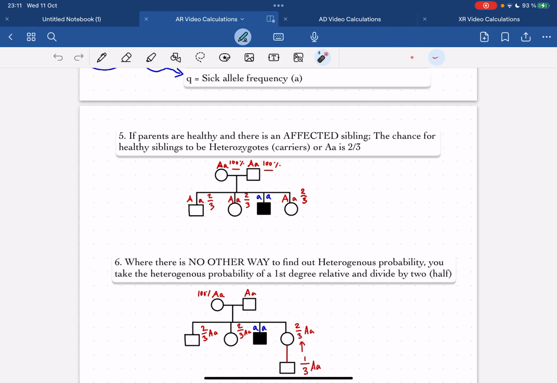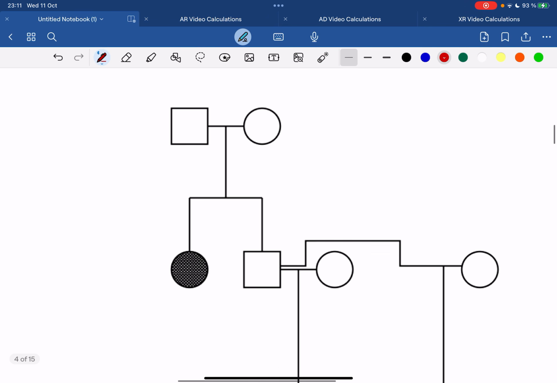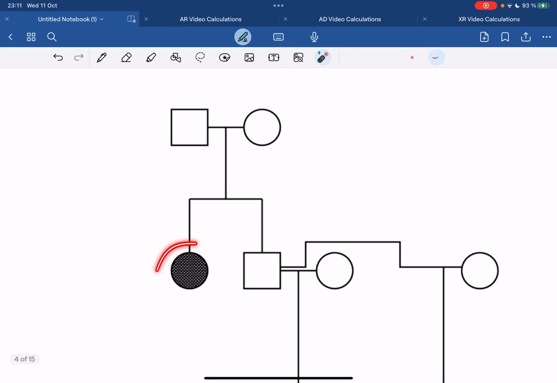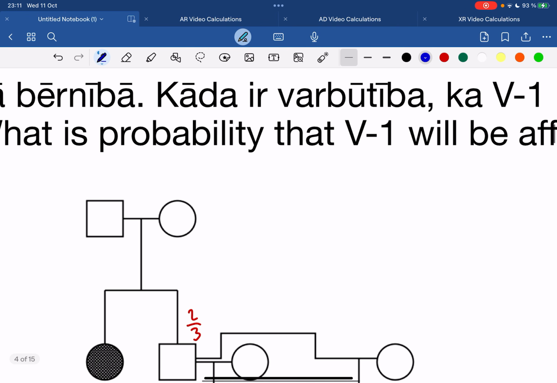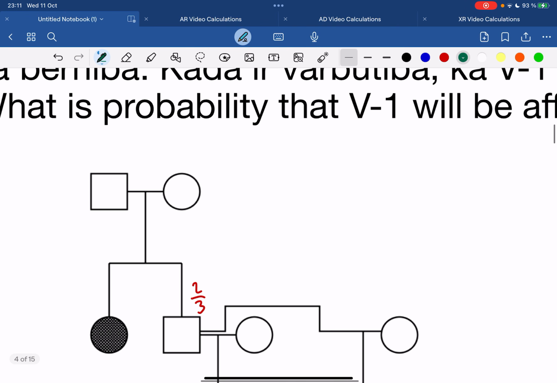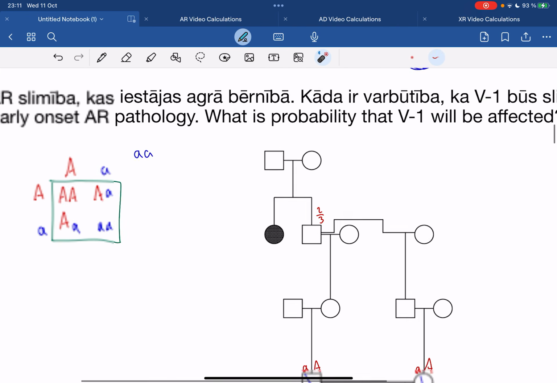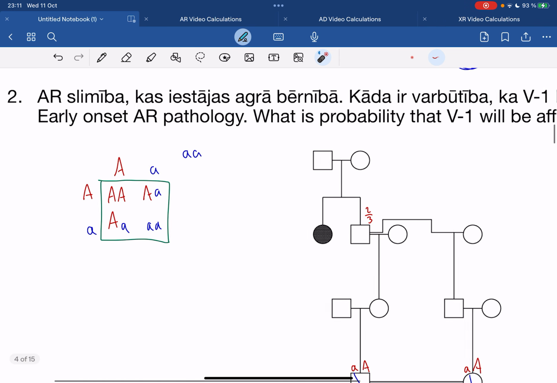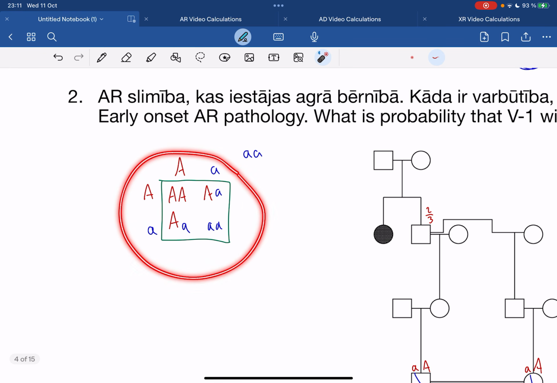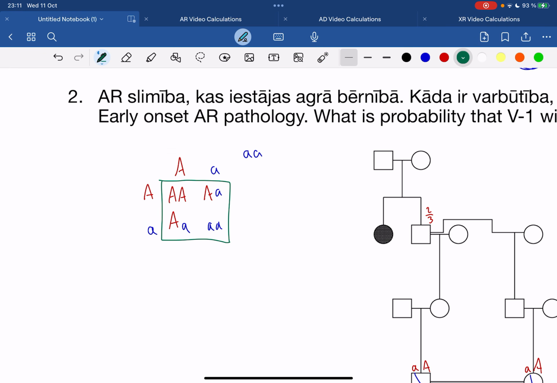And why is this exactly? So here we have healthy parents and we have an affected sibling. So this sibling that's healthy is going to be 2 out of 3. Why? Let's draw a Punnett square for this. Or actually, we already did. So we can immediately assume that this person is healthy, right? So if we look at the Punnett square here, we know for absolute certain that this person right here cannot be affected because he's not colored in.